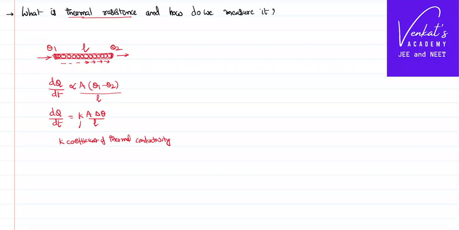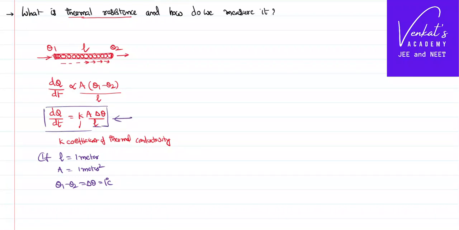How can I define that? See, a little carefully. If a wire has a length of 1 meter, an area of cross section of 1 meter square in the SI system, and the temperature difference between the two ends is only 1 degree centigrade or 1 Kelvin, substitute all these values in this equation.